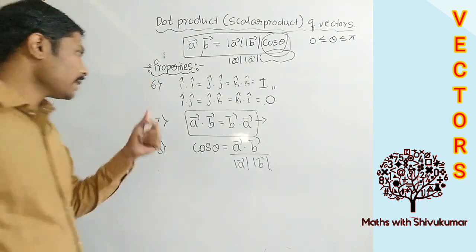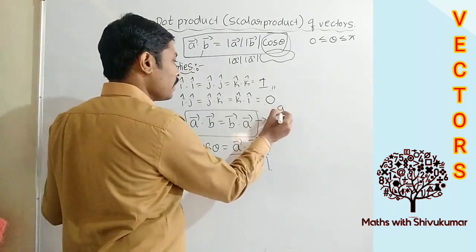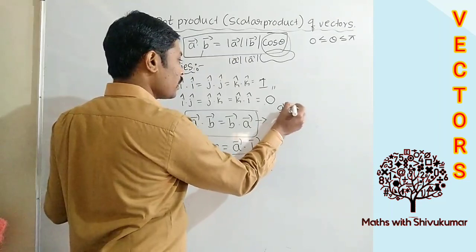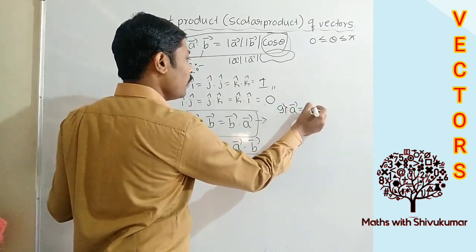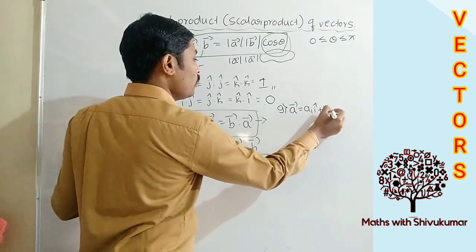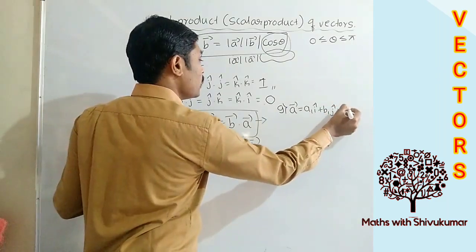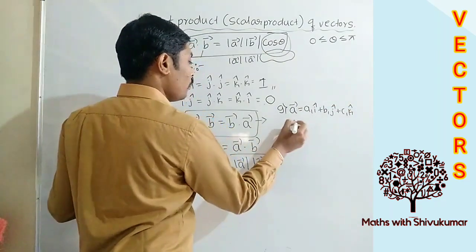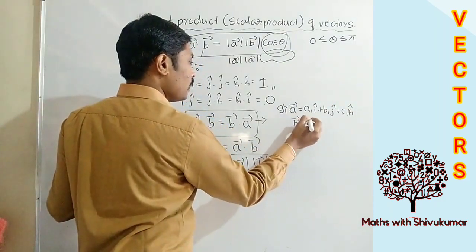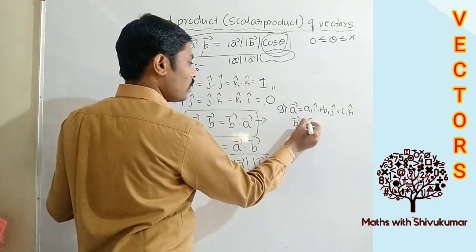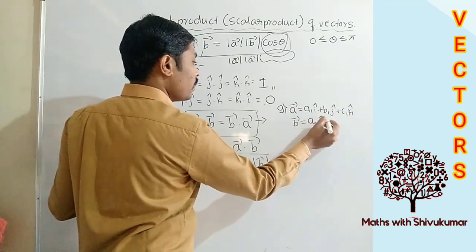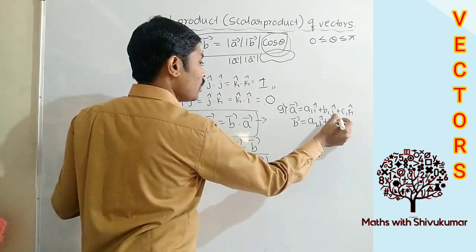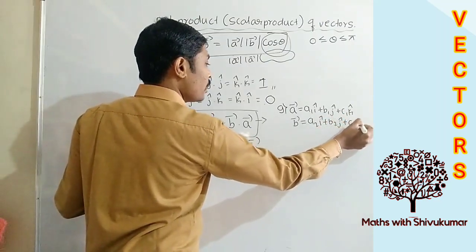So another point, see here, point number 9. Suppose vector A is A1 i plus B1 j plus C1 k. Vector B is A2 i plus B2 j plus C2 k.